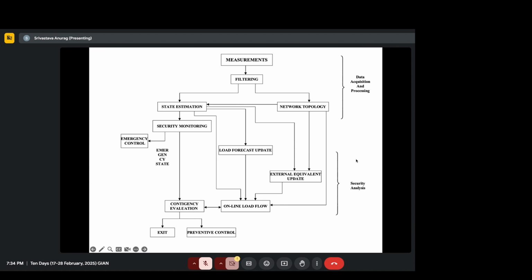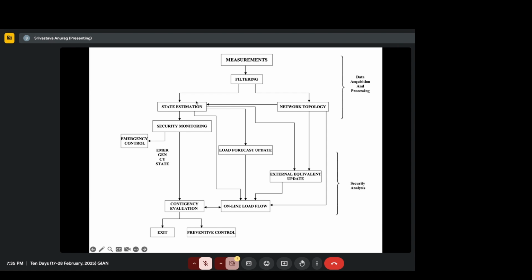Now, how does it relate to the DERs and distribution system? Because the whole process that we do is really limited to the transmission system right now. In distribution system we do the state estimation, but we do that with aggregated system information, because we don't have the complete network known and accurately updated in the control room.